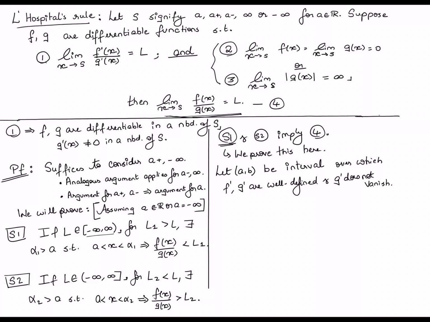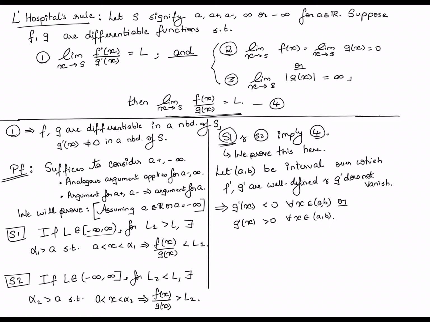So both f prime and g prime are well defined and g prime does not vanish. Now the fact that g prime does not vanish implies that it must either be positive throughout or it has to be negative throughout. So g prime of x is either less than 0 for all x in (a, b), or g prime of x is greater than 0 for all x in (a, b).